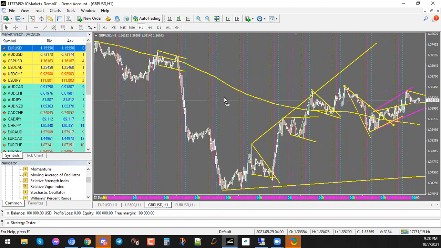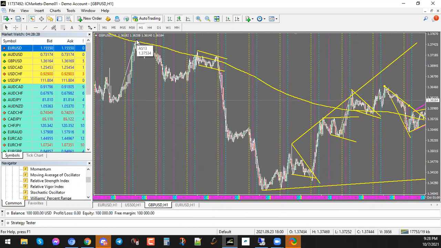Now, in a situation like that, where if we connect these swings, the trend will be extending outward like that. Let's try to do that. So the trend is actually extending outward like this.